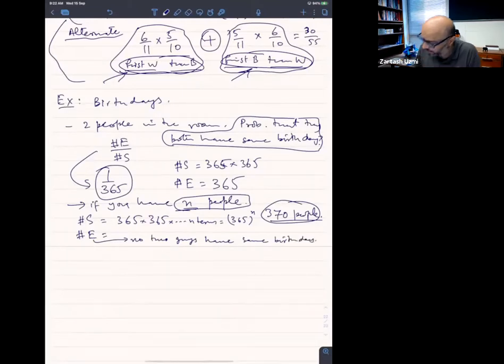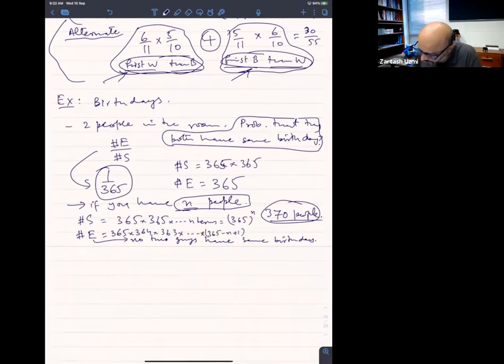So number of points in E is going to be, first guy can have the birthday on any of the day. Then the second guy can have the birthday on a different day, because no two guys have the same birthday, 364 into 363, and so on and so forth, up to whatever number, 365 minus n plus 1.